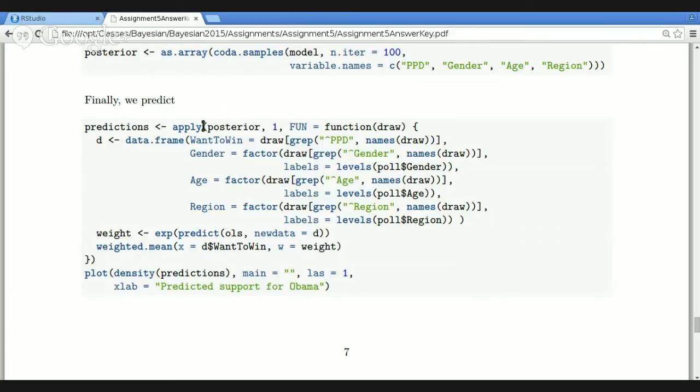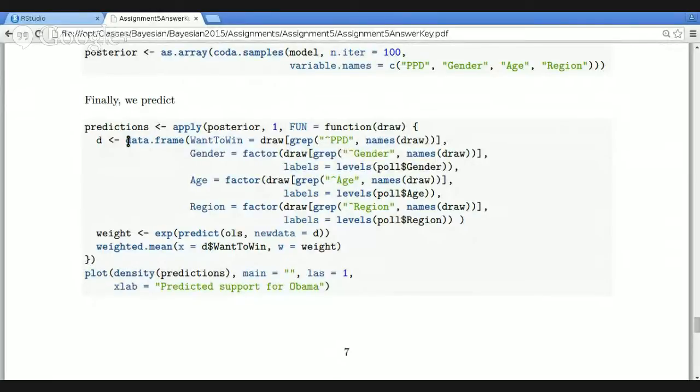So for however many draws from the posterior distribution you take, you can iterate over those and make a local data frame where you take the part of the draw that starts with the letters PPD and make that into one variable, the posterior predictive distribution of want to win, and grab the gender variables, the ones that start with age, and the one that starts with region.